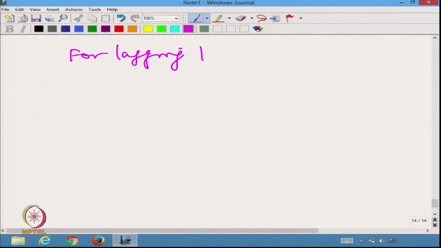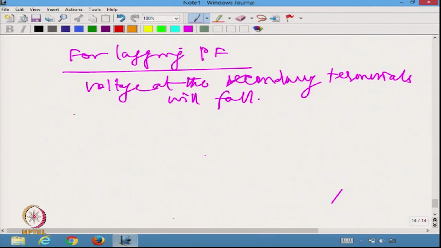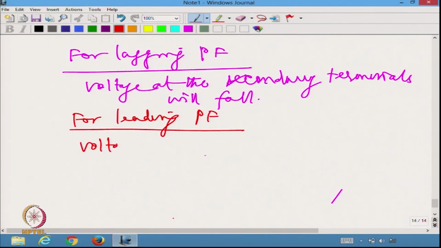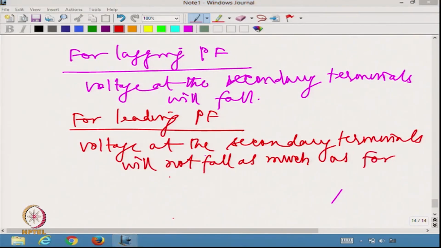So, for lagging power factor, the voltage at the secondary terminal will fall, whereas for leading power factor, the voltage at the secondary terminal will not fall as much as for lagging loads.